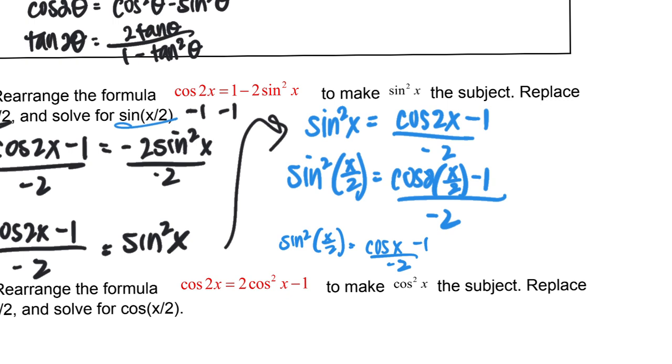And then lastly, it tells us to solve for sine of x over 2. Right now we have sine squared of x over 2. So what we're going to end up doing is taking the square root of both sides. But right now, this fraction is negative, right?